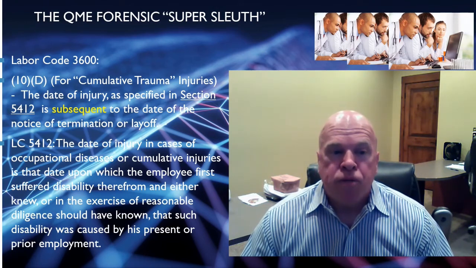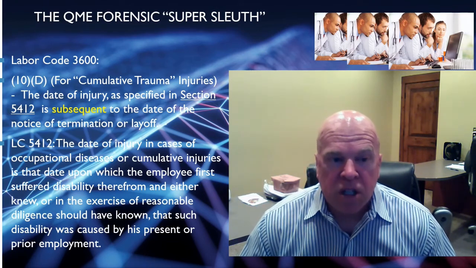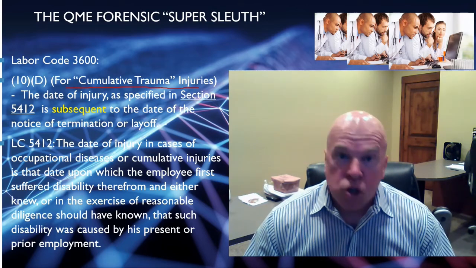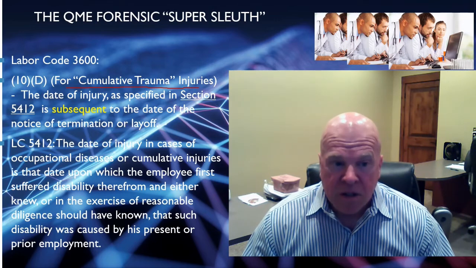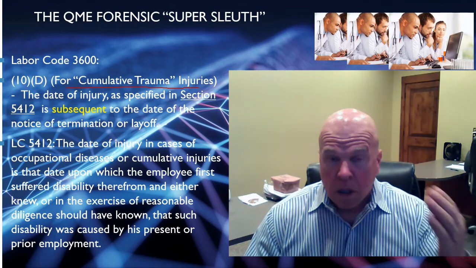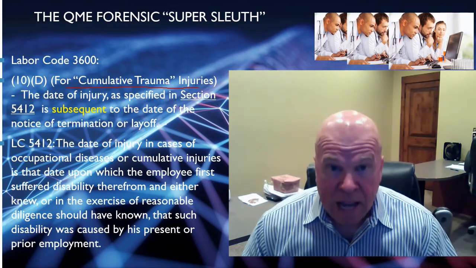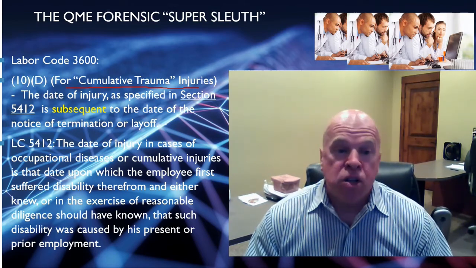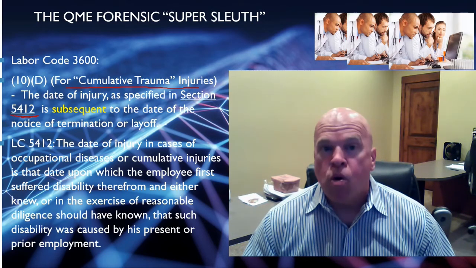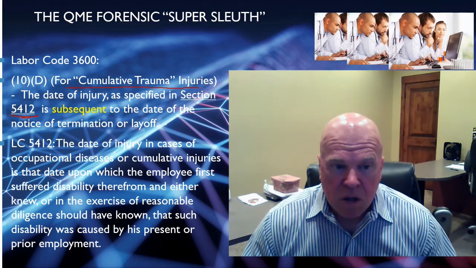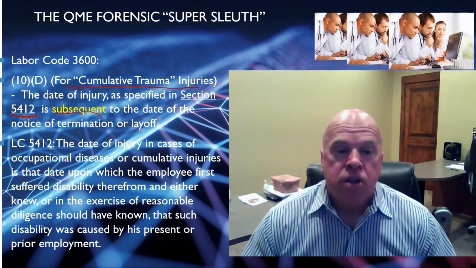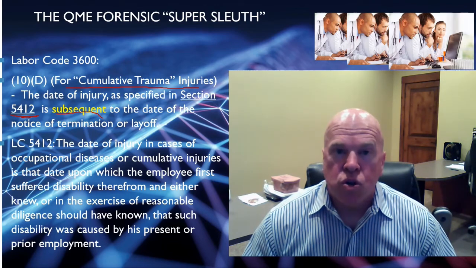Okay? So first, continuing with Labor Code 3600, Section D tells us that for cumulative trauma injury claims, the date of injury, which is an important line in the sand, it's an important date. The date of injury, as specified in Section 5412, we're going to go over that in just a minute, is subsequent. Subsequent means after the date of the notice of termination or layoff.